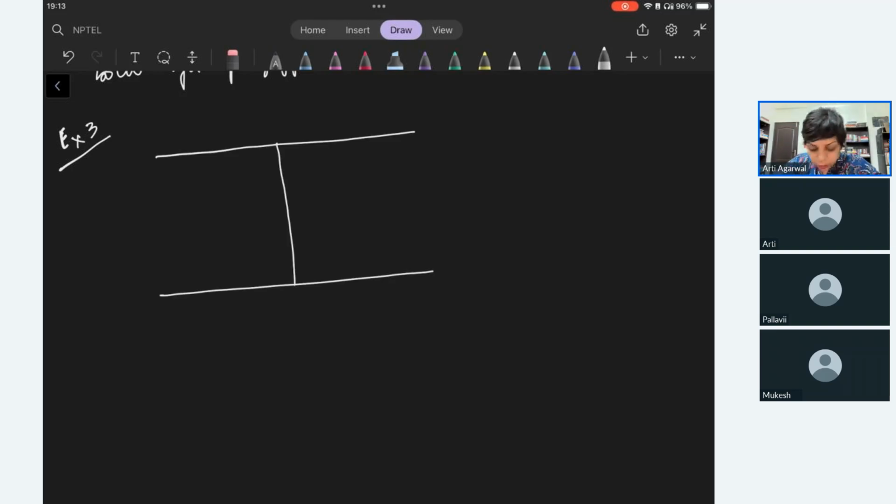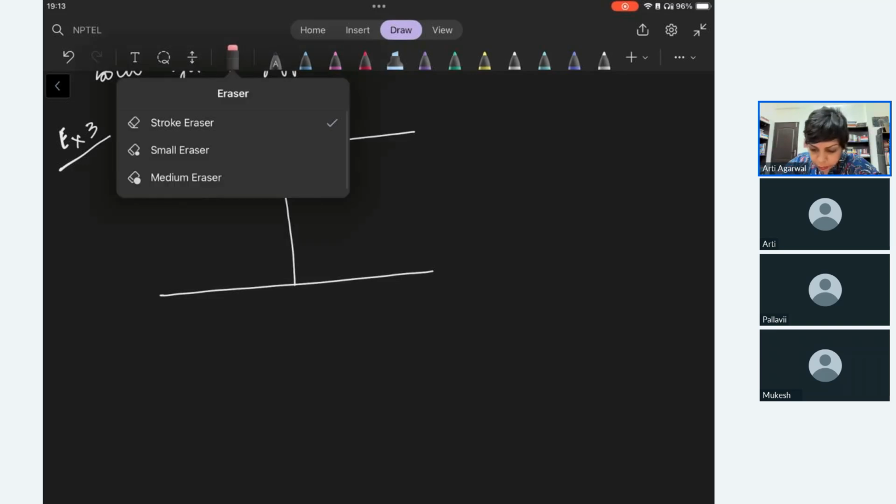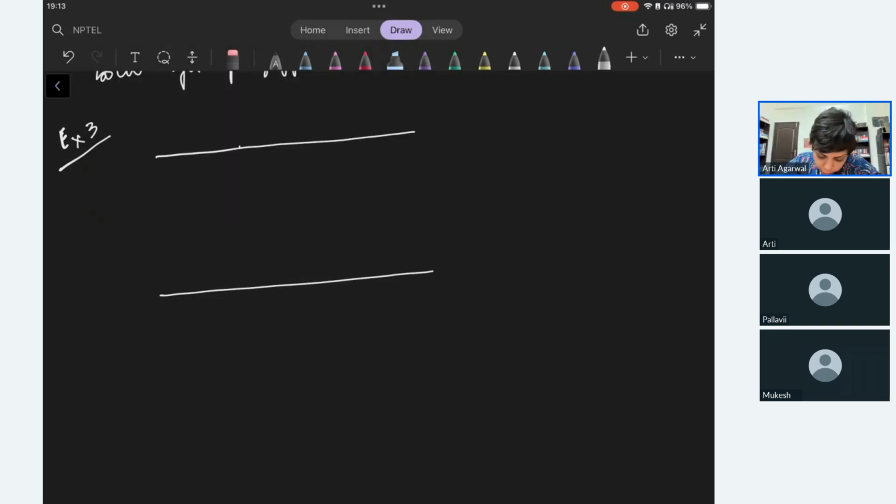I'm just drawing it in a neat way, but I'm not drawing it sequentially. So let's start here. This is the first node. Here, nature is acting and selecting a type for player 1.